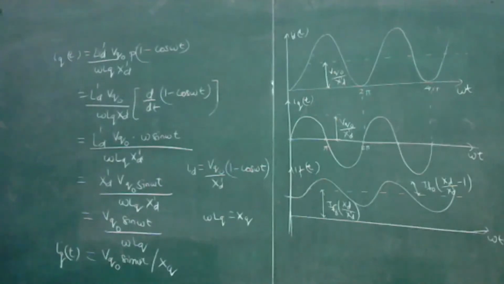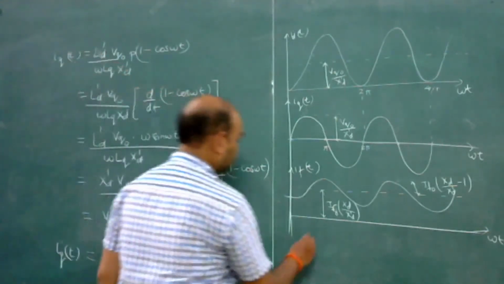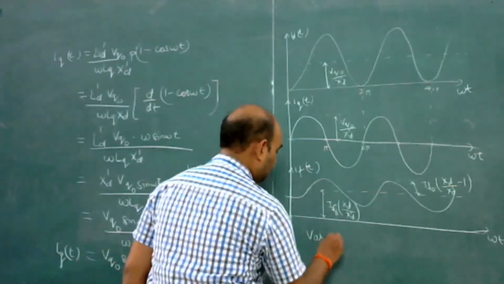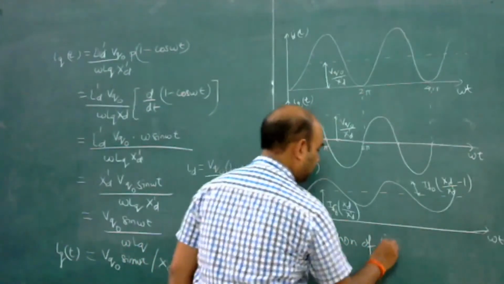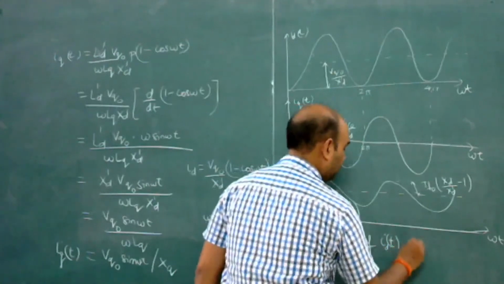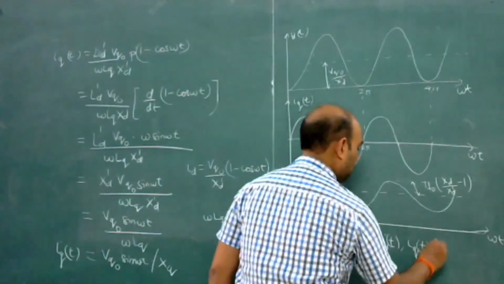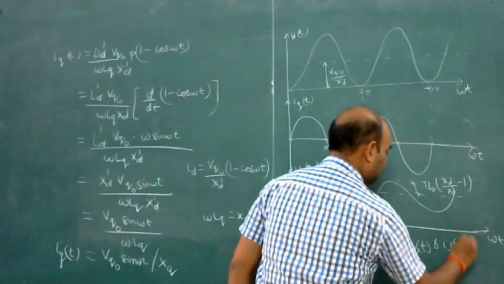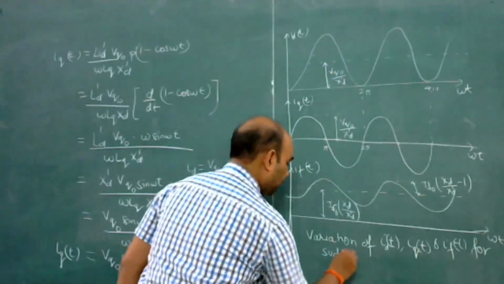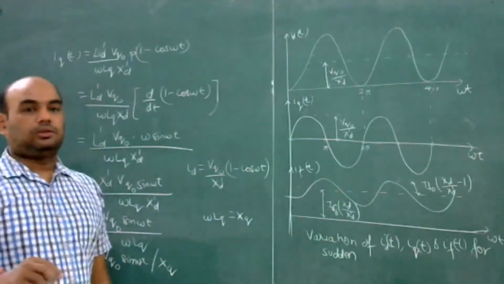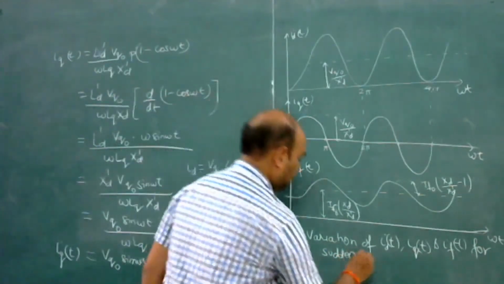three-phase short circuit. So this is the variation of ID(t), IQ(t), and IA(t) for a sudden three-phase short circuit.